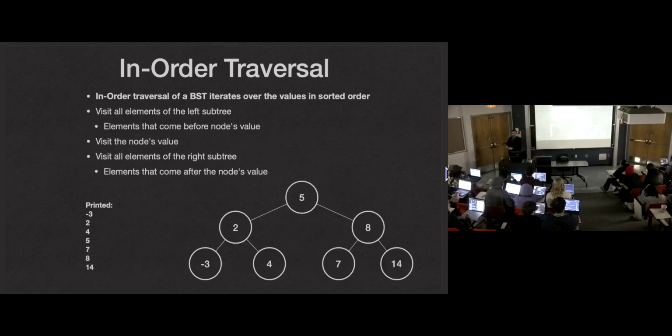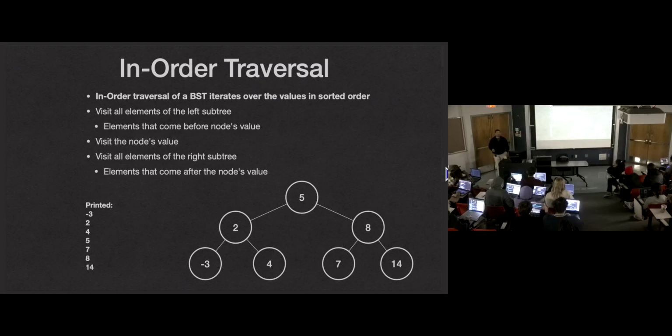An in-order traversal of a BST will visit the nodes in sorted order. In-order traversal is going to visit everything to the left first. So if we call in-order traversal on the root, it's going to go to the left first. And for each node, it's going to go to the left, visit the node, and then the right, and visit the root, then visit everything to the right. This follows exactly the definition of a BST.